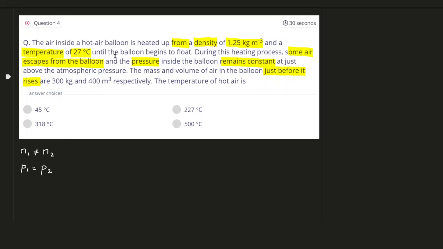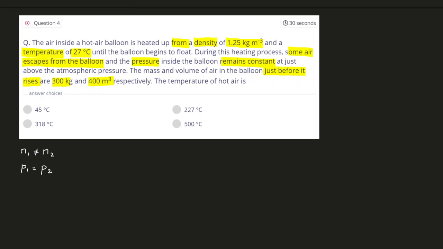So begins to float is our final situation. Just before it rises, means we are reaching our final state. So in our final state, they tell us that you have a mass of 300 kg and the volume of 400 meter cube respectively. They ask for the temperature of the hot air.